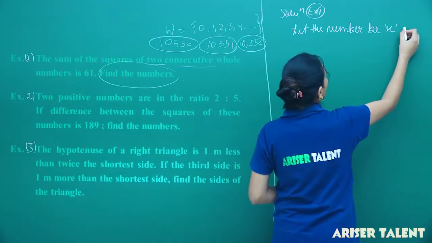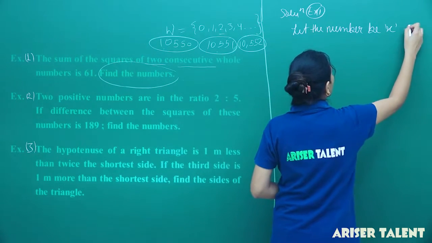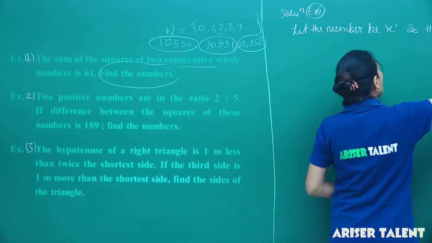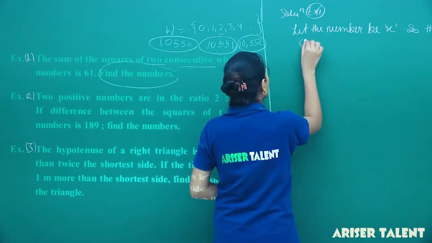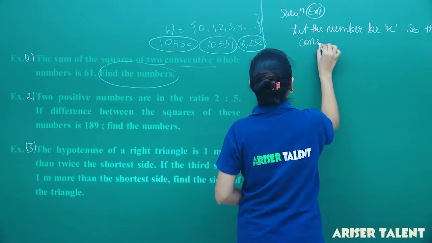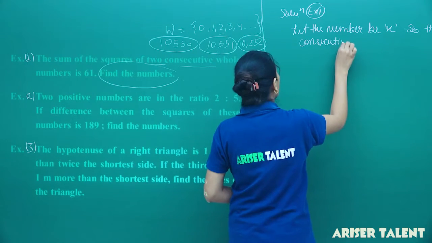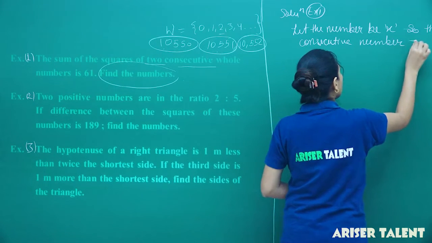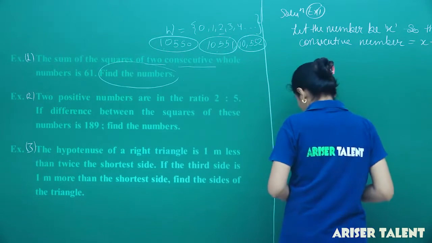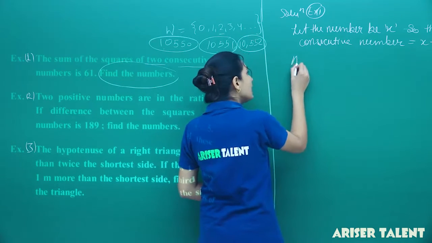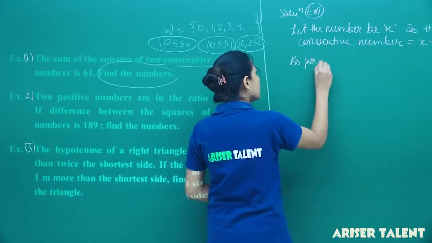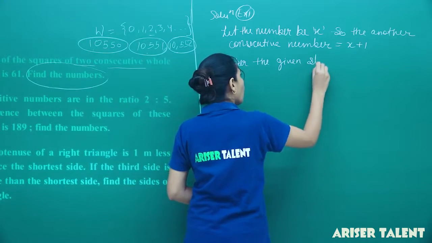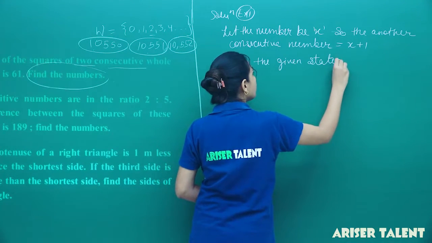Let one number be x. So, the other consecutive number, what will it be? Equals x plus 1. Now, students, as per the given statement, what is the given statement here?